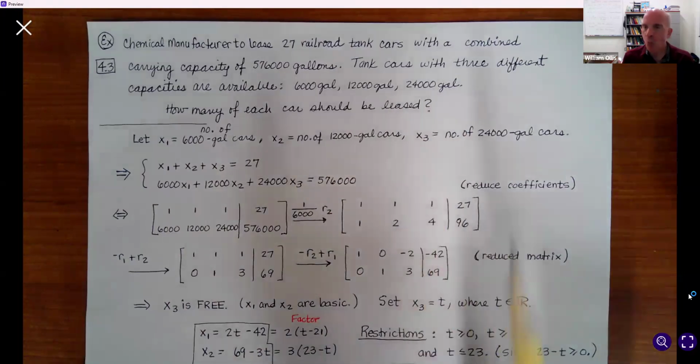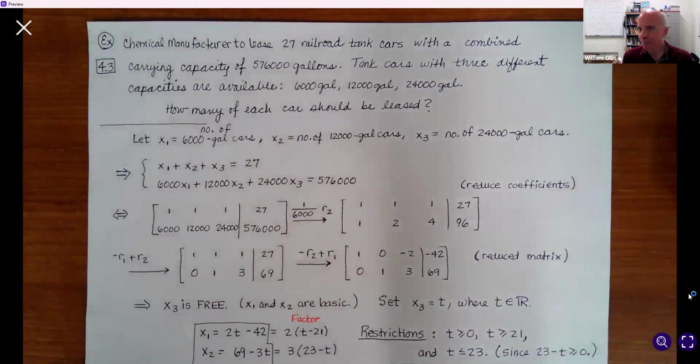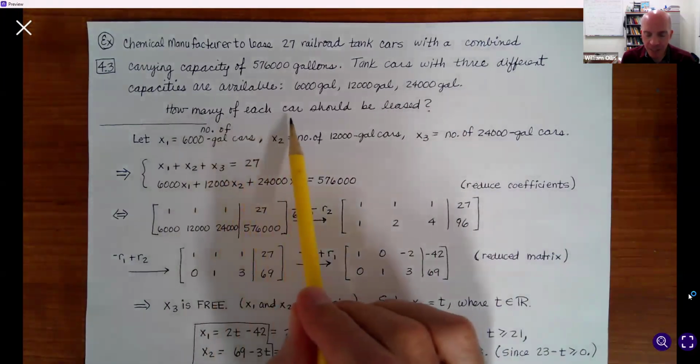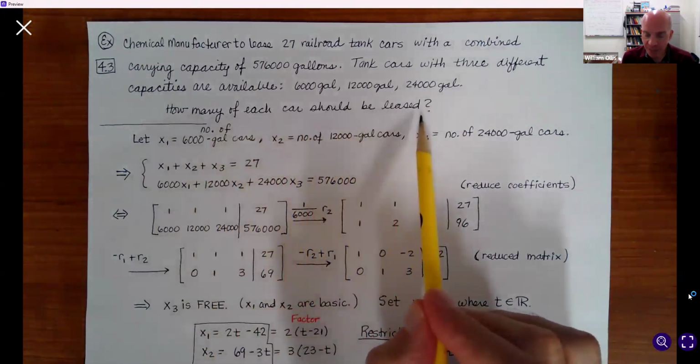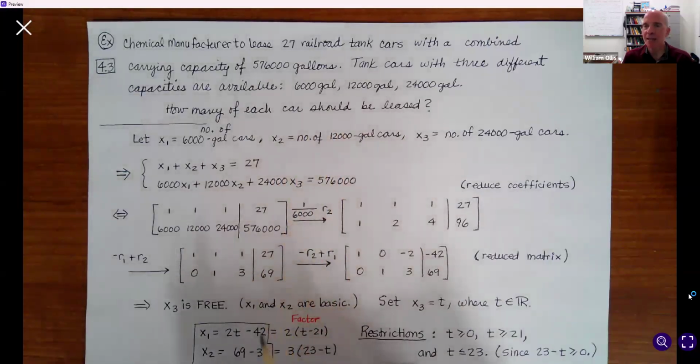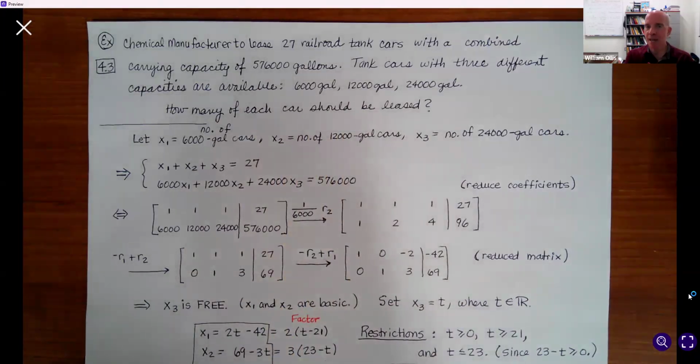So what the problem is probably fairly obvious to you. It would say how many of each car should be leased. How many of each car should be leased? That is, do we have 5 of the 6,000 gallon? Do we have 10 of the 12,000 gallon?